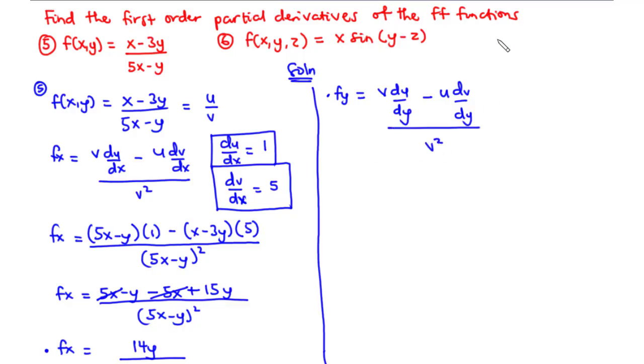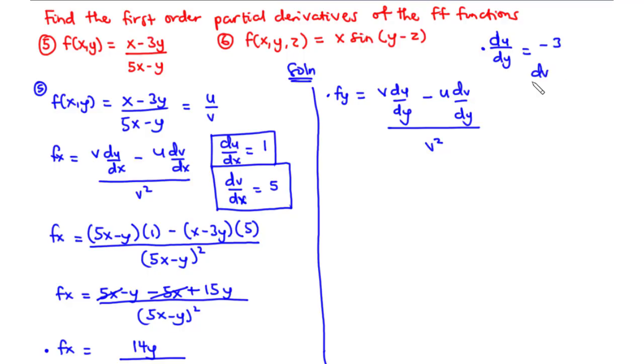So we have du/dy equal to, we differentiate this with respect to y. This is a constant, so it becomes 0. So when you differentiate -3y with respect to y, you have -3. So that is -3.